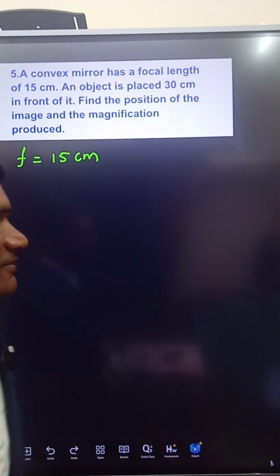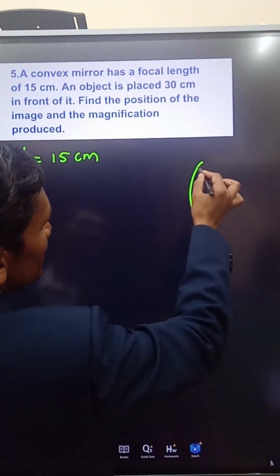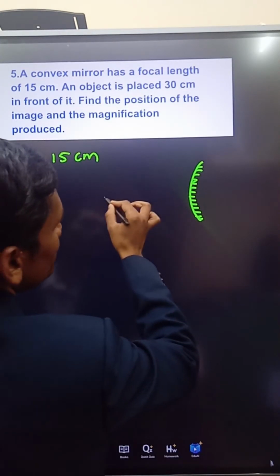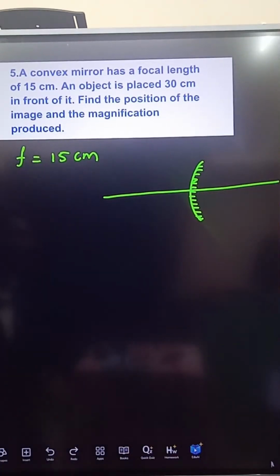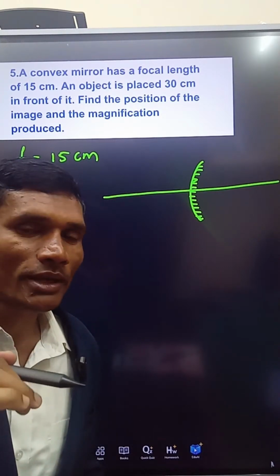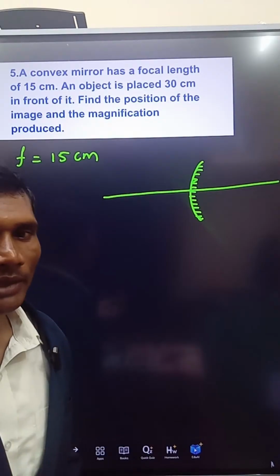It is simple. I have told you in the beginning itself, you concentrate. It is a convex mirror. If you are strong with the basics, then only you can solve the problems. In case you don't know, you can ask me, I'll clarify and go ahead.